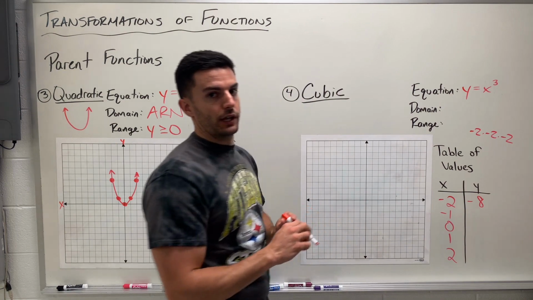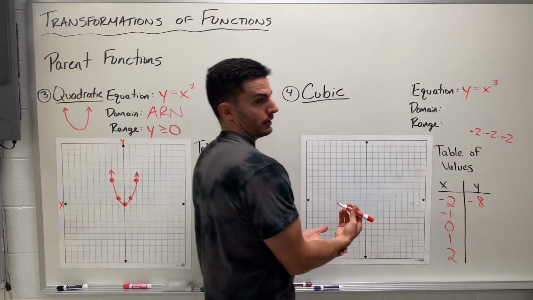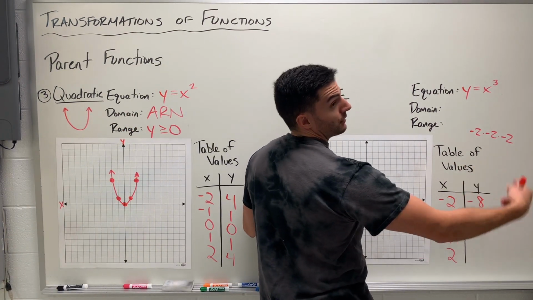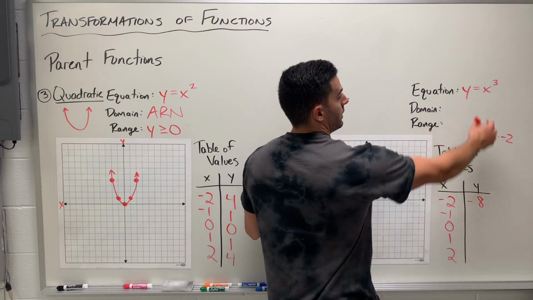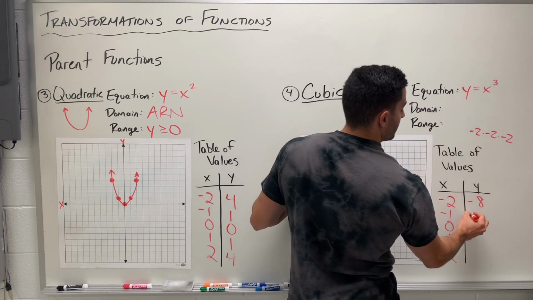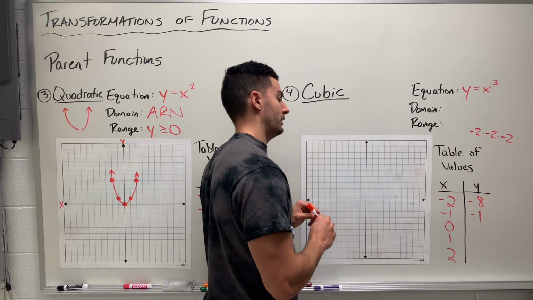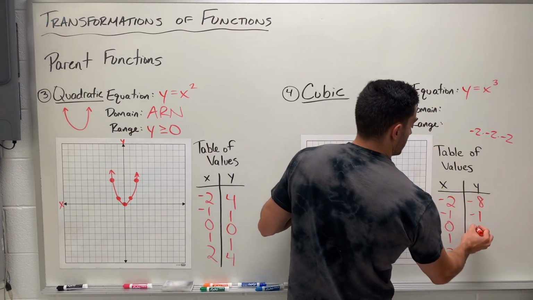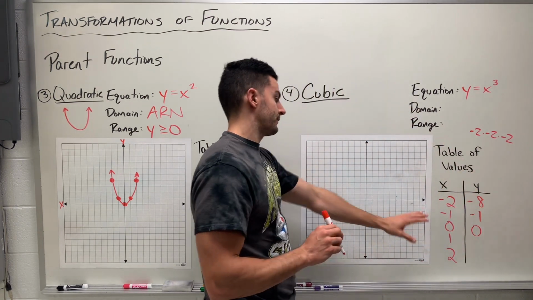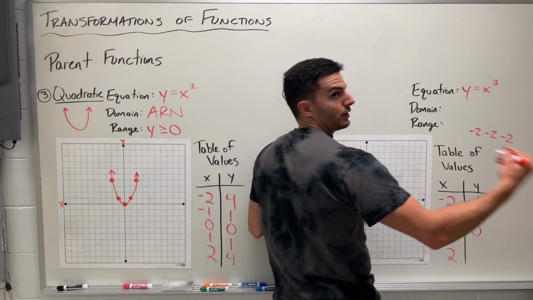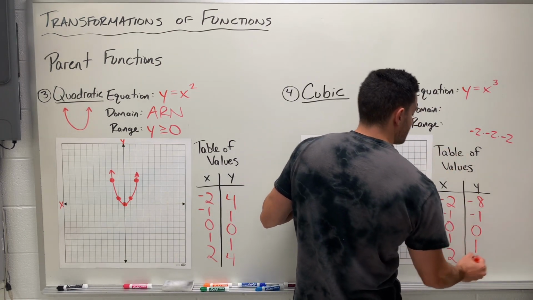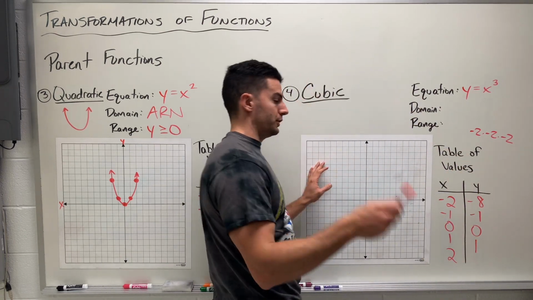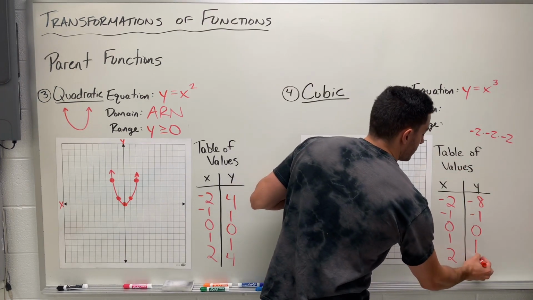You could do that in a calculator, but that ends up being -8. -1 times -1 times -1, or -1 cubed, would be -1. It would actually go back to a negative. 0 cubed is still 0, that origin point. 1 cubed, or 1 times 1 times 1, is still 1. And then 2 cubed, or 2 times 2 times 2, is 8.